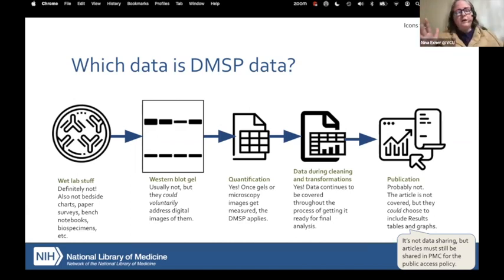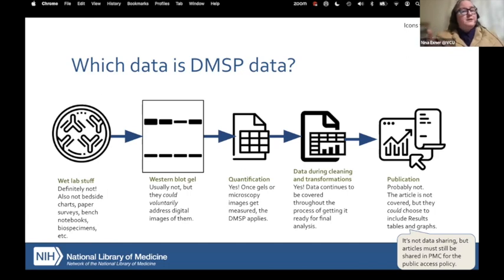There's a long process in there before the final analysis is ready. And that whole process, including any major issues that might normally be part of their workflow, like the identification, is definitely part of the data that is under the data management and sharing plan umbrella.